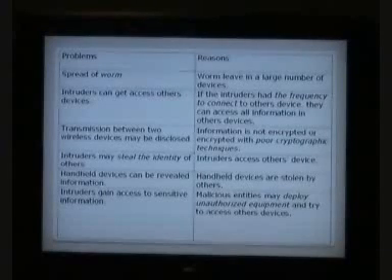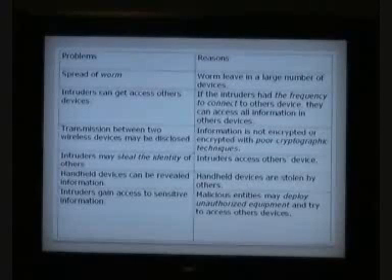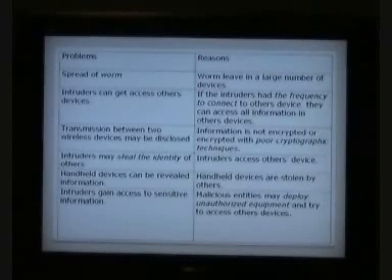Handheld devices are easily stolen by others, so that sensitive information can be revealed. Malicious entities may exploit unauthorized requirements and try to access other devices so that they can gain access to sensitive information.